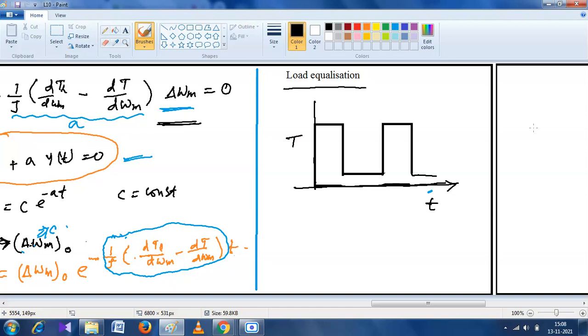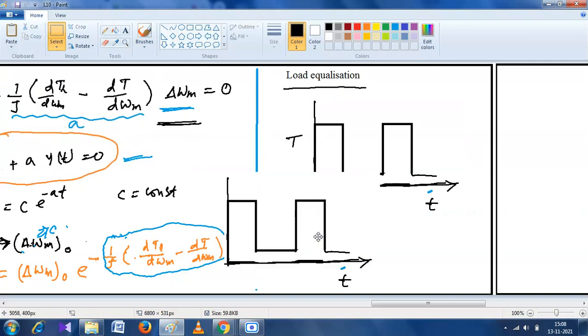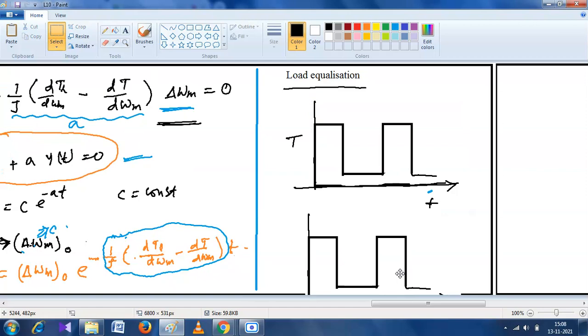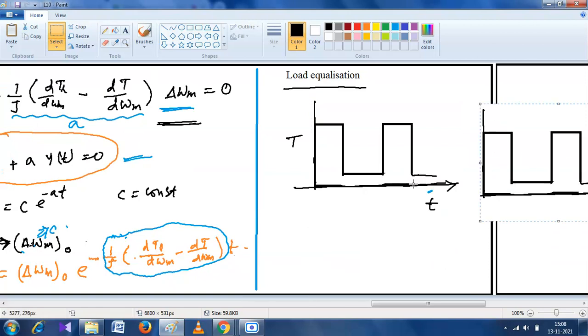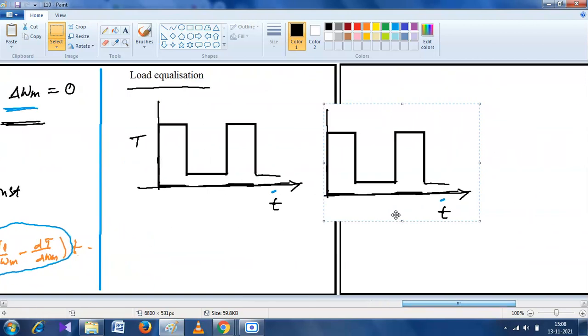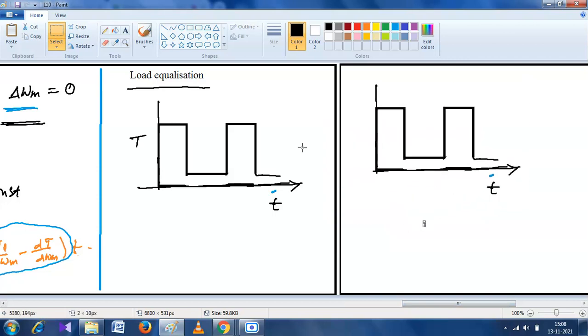Suppose the nature of current, suppose this is also the current versus time curve. So the voltage of a system कैसा होगा.